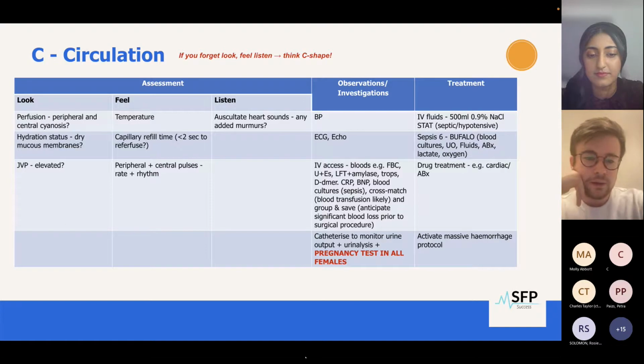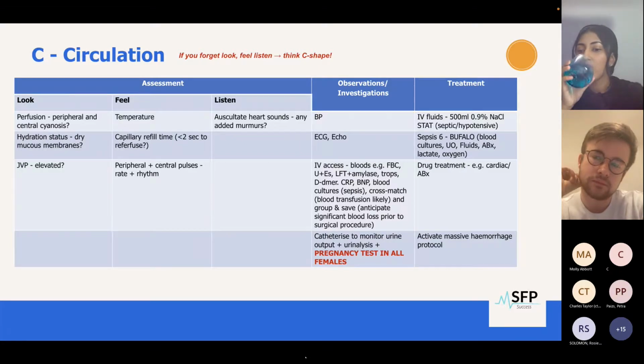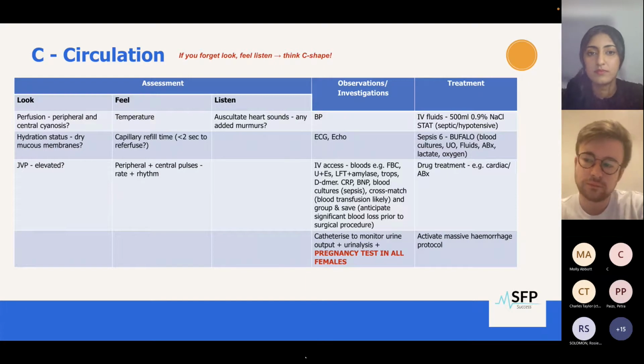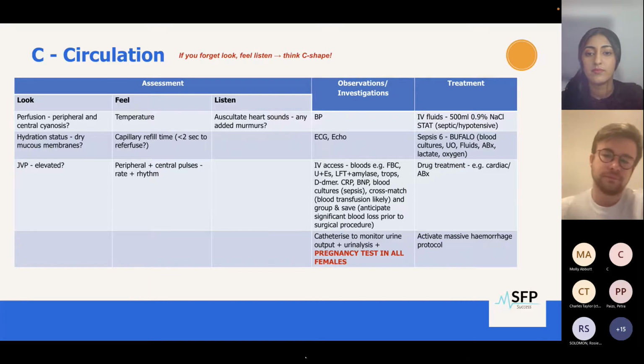Sorry, I'll just address one of the questions in the chat before we move on to C. Somebody's asked if in London's interview, are you asked to first prioritise and then conduct an A to E? I'll answer this as I'm the London AFP. Basically, they can ask it in any way that they want, but it's pretty much an unspoken rule that the structure is you talk about how you would rationalise prioritising the different patients in the scenario, because there'll usually be more than one, and then talk through your A to E management from there.